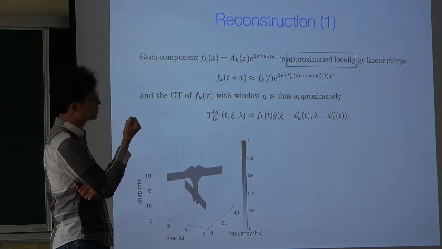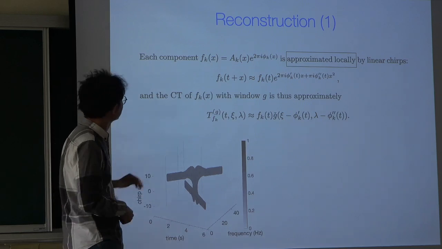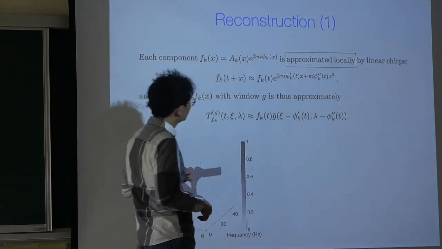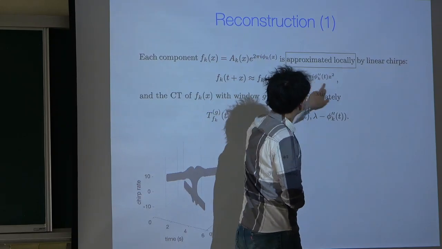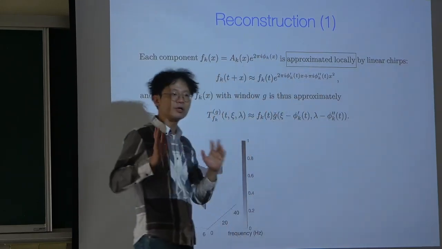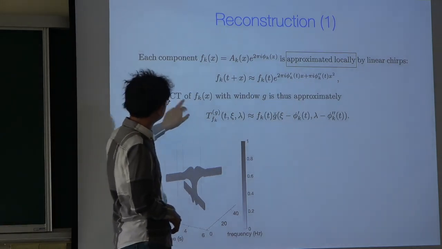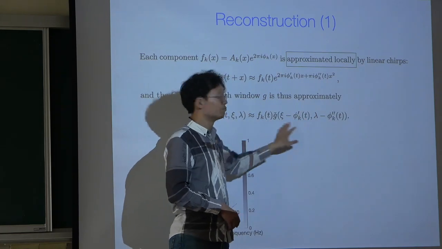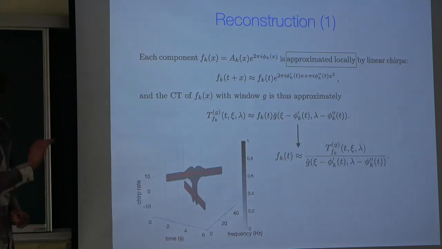How about reconstruction? Okay, so what we can consider is, for example, for each component, you have some Chirplet behavior. Then locally, you can approximate it by some linear chirps, only locally. And for the Chirplet transform of f_k, you have this formula, which you can write down precisely. Very nice.